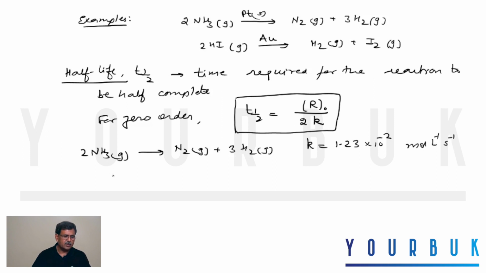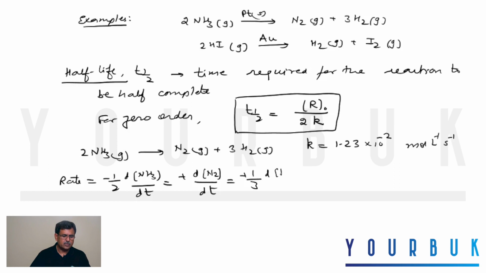Now if you have to find the rate of formation of nitrogen or rate of formation of hydrogen, we write rate as minus 1 by 2 dNH3 by dt. This is the instantaneous rate of disappearance of ammonia, plus the instantaneous rate of formation of nitrogen, equal to plus 1 by 3 dH2 by dt, and this is equal to K into ammonia raised to power 0, because it is a zero order reaction, and is equal to K.